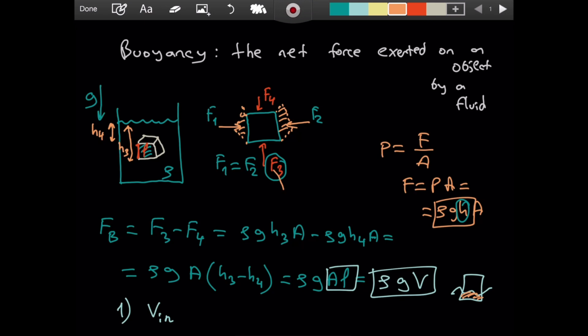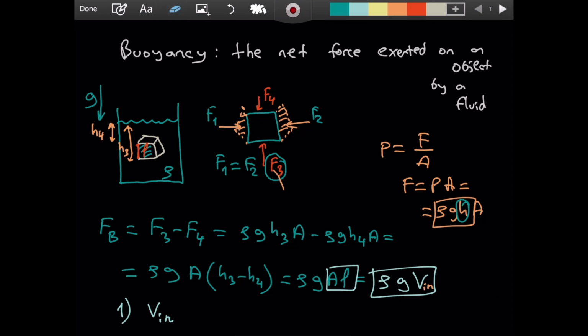And you can convince yourself that this is correct by considering a similar setup and trying to find the net force again. So this will be the h inside. When you multiply with A, it will give you the volume inside. Okay? So this volume is in fact the volume inside.